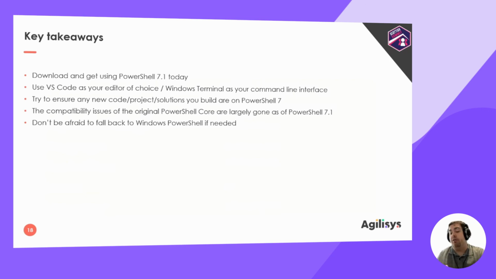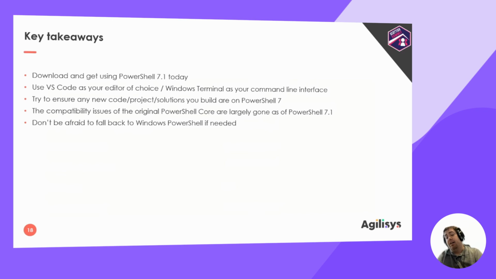It has SSH, Windows PowerShell, CMD, PowerShell Core, PowerShell 7. You can choose what you want to launch with the Windows Terminal. So I'd use that as your real-time command line interface, and all your development work would go into VS Code.